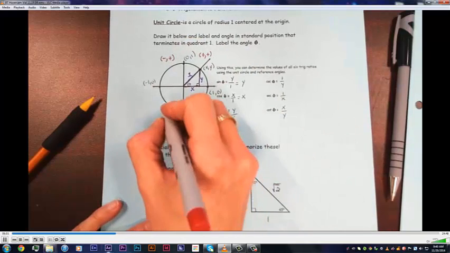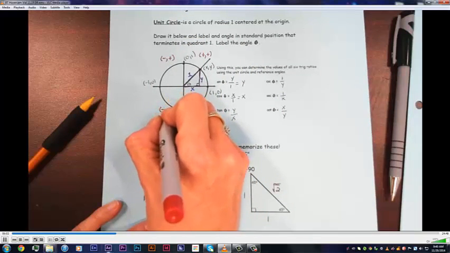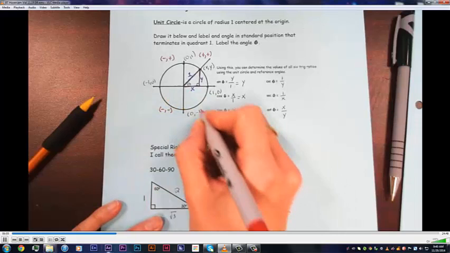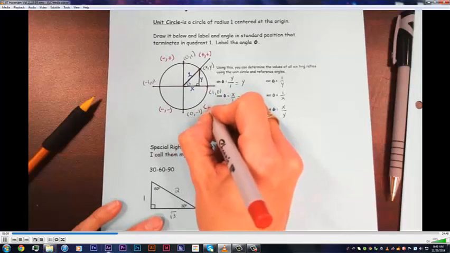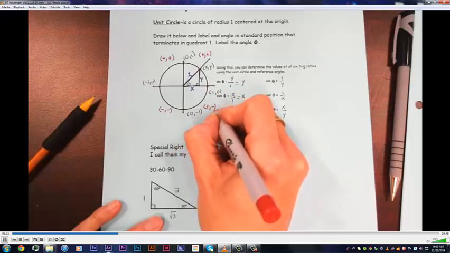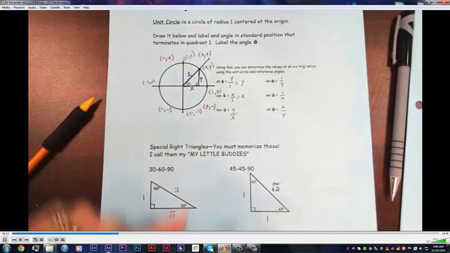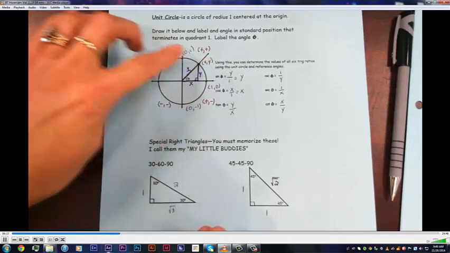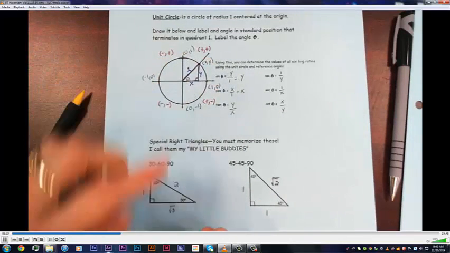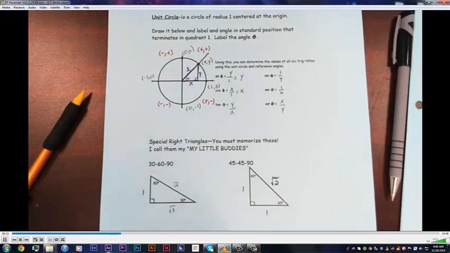In the third quadrant, you have a negative x and a negative y. And in the fourth quadrant, you have a positive x and a negative y. Okay, so this is going to help us talk about whether the trig ratios are positive or negative depending upon the angle measure that puts us into the appropriate quadrants.